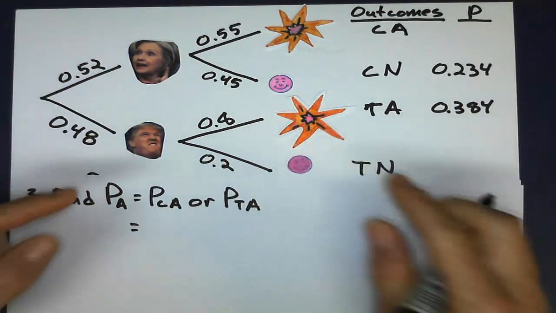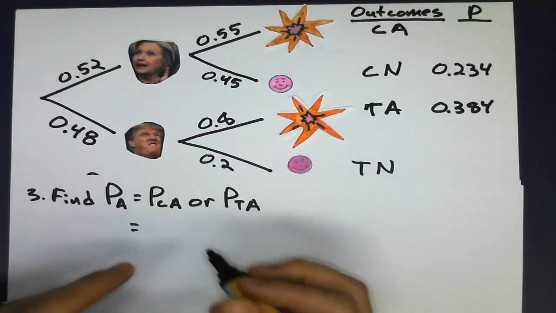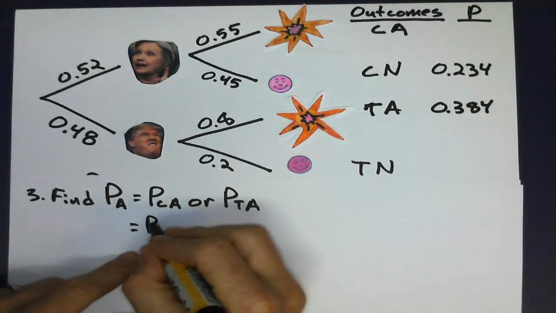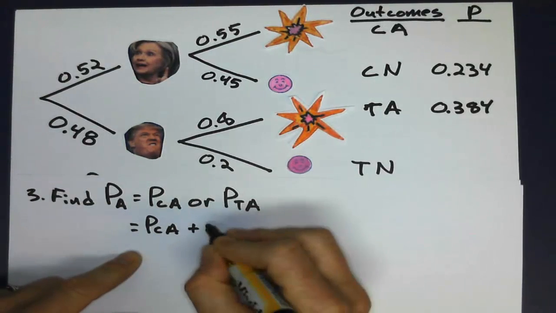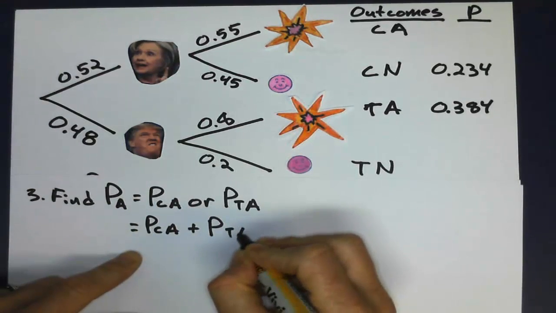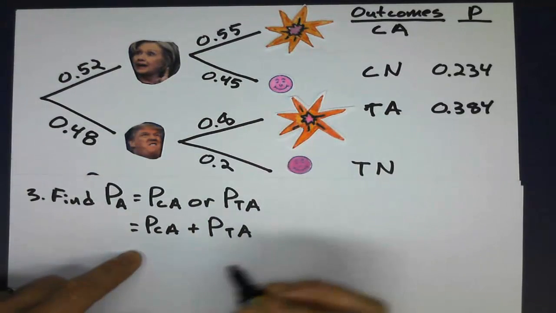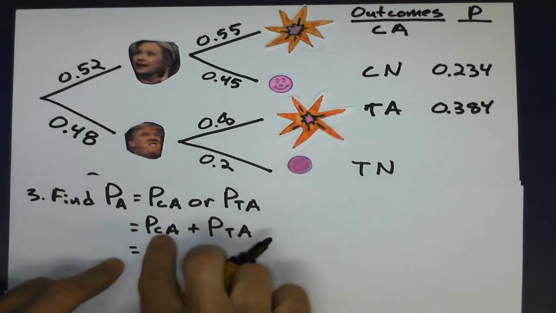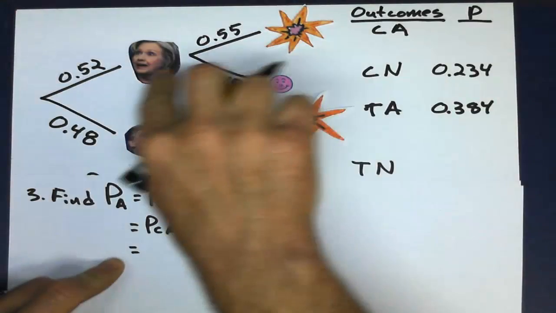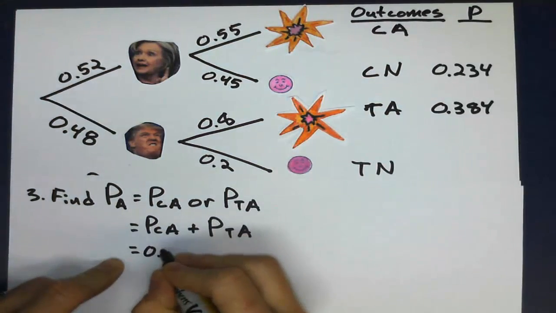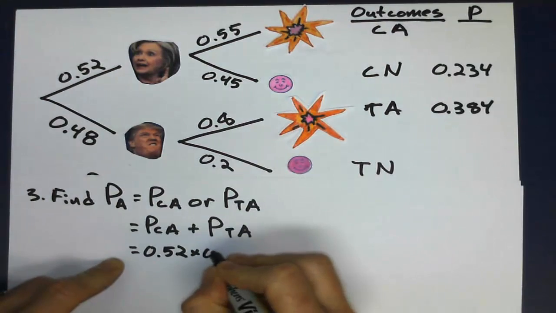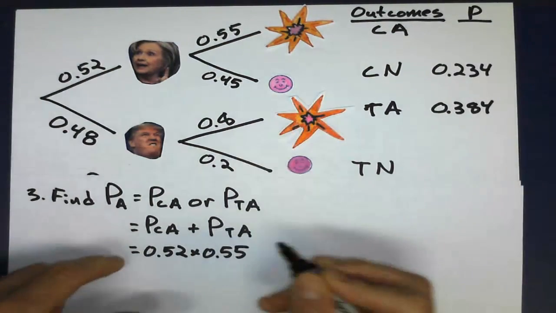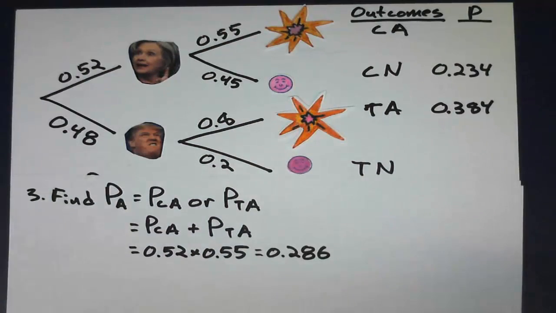Adding the probabilities makes it more likely. So that means it's going to be the probability of Clinton and apocalypse plus the probability of Trump and apocalypse. Let's work this out. Clinton and apocalypse is going to be 0.52 times 0.55, which is 0.286.